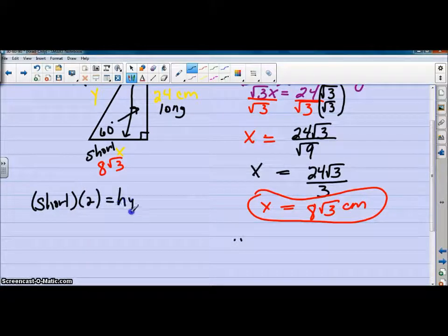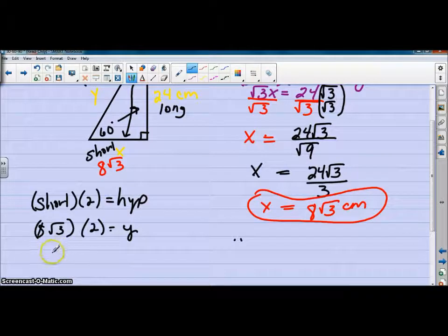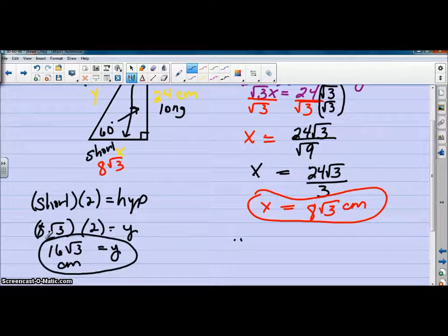It's always double, and you can do that in your head if you'd like. So I'm going to take 8 square roots of 3 and multiply it by 2, and I'm going to get my y. 8 square roots of 3 times 2 is 16 square roots of 3, and that's my y, in centimeters. And now I have my hypotenuse.